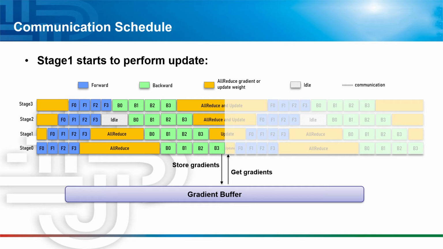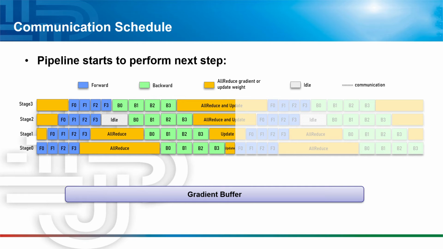After the update, Hippie is ready for the next step. These are the details of the training process for a single step in Hippie after the communication schedule. Later experiments showed that it significantly improved the scalability of training.